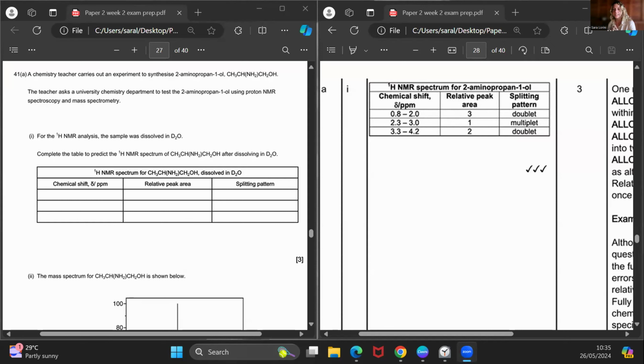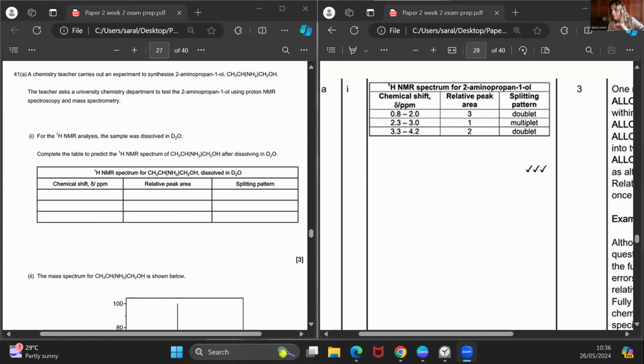So remember that is deuterated water. What it does is that deuterium takes the place of hydrogen in the molecules. But which hydrogen? It's called a labile hydrogen, which is the one that forms hydrogen bonds. That's why it will remove both the amine and the alkyl one.